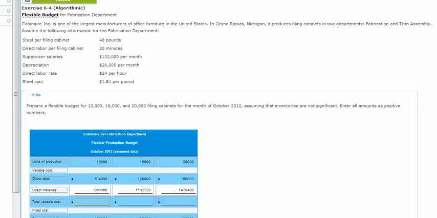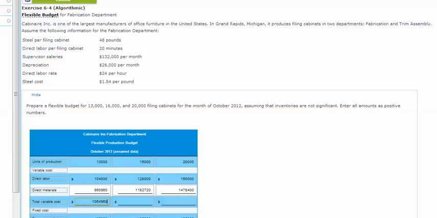My variable cost, then, I can add these numbers together. 104,000 plus 960,960 looks like 1,064,960.